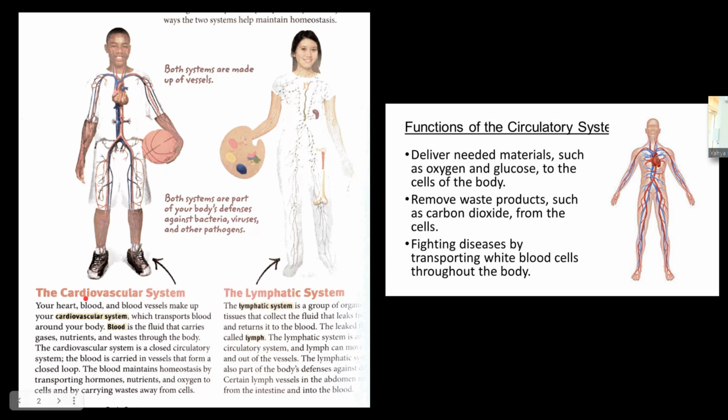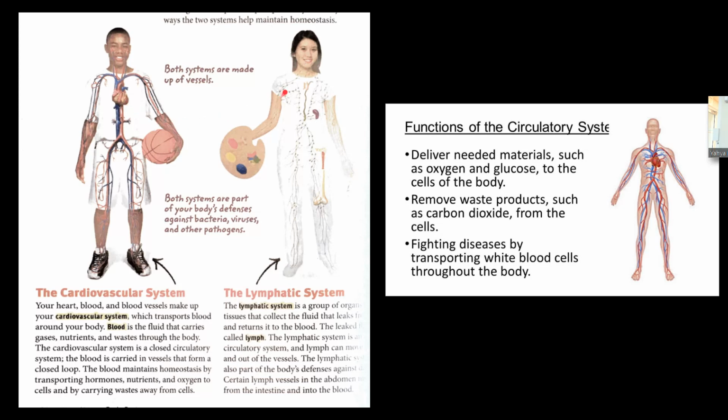Now, there's something similar called the lymphatic system. Both the cardiovascular system as well as the lymphatic system transport things throughout the body. But what's the difference? First of all, the lymphatic system does not have anything that pumps the substances throughout it. The cardiovascular system has the heart, which pumps blood all over the body.